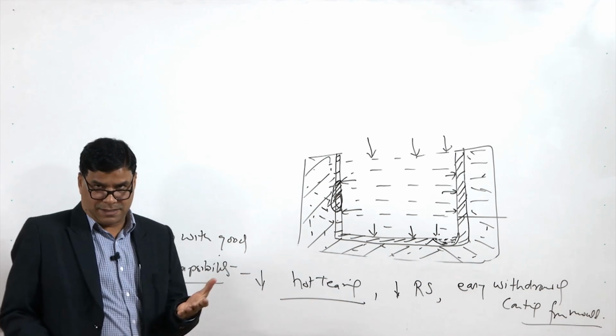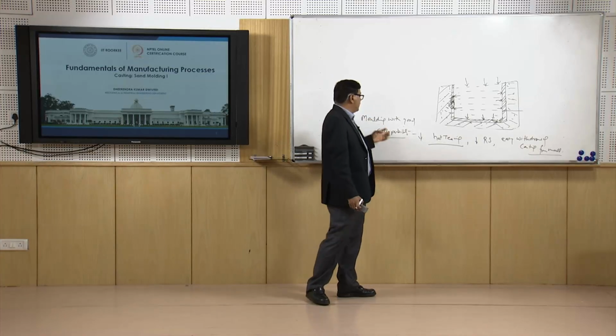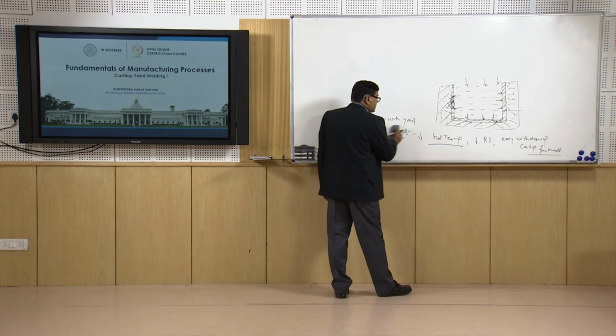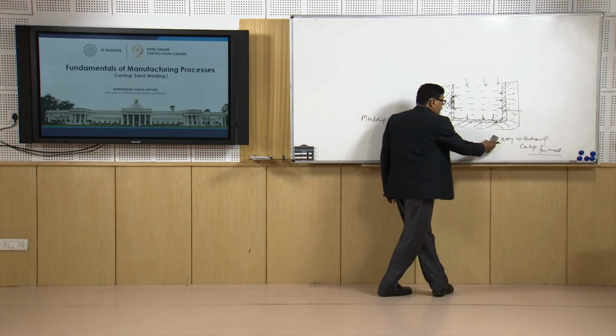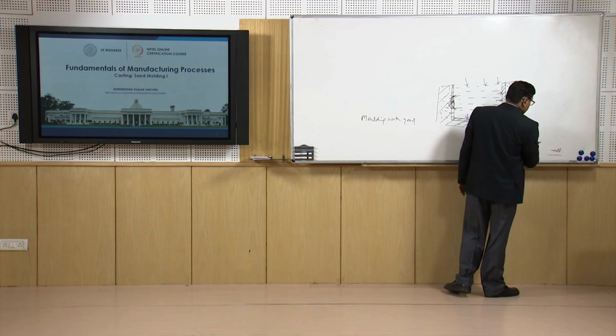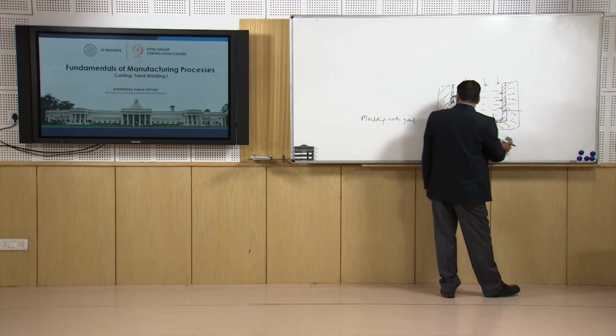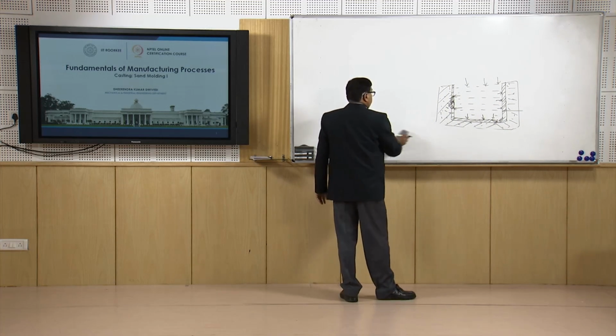Sometimes sawdust is added in the molding sand. So it becomes collapsible because the sawdust will be burned out at high temperature as soon as it comes in contact with the hot molten metal.